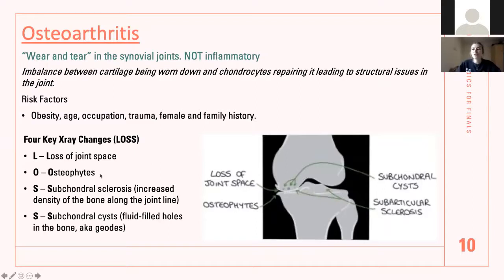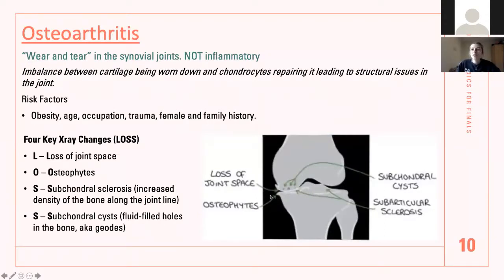So 4 key X-ray changes that you'd see in these patients. You'd see loss of joint space. So you can see here, this is the knee, the space between where the knee would be. You can see the loss of the joint space here. You'd also see osteophytes, which are little sticking out bits of bone, really.